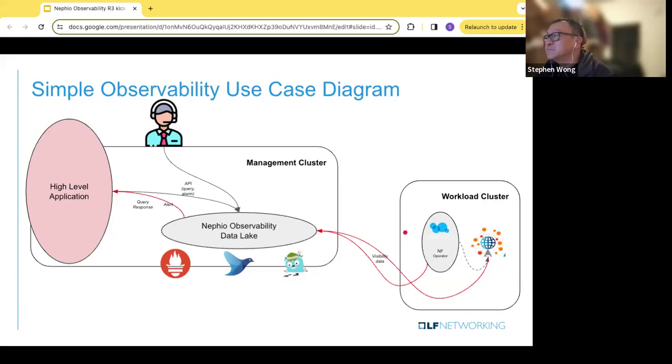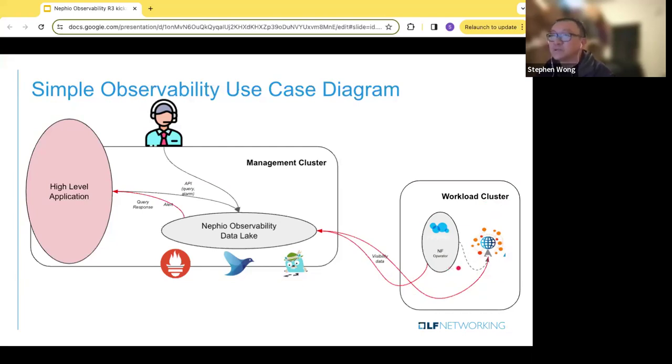So in terms of the observability path, the workloads running right now, many different workload clusters with network functions running, should be able to send visibility data from their side.